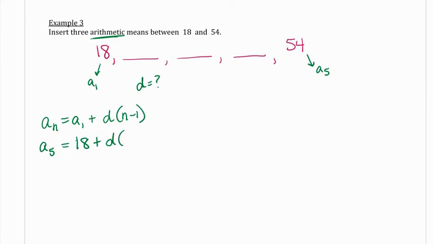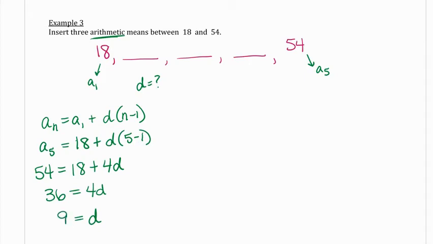And if I'm doing the 5th term, I'm going to do 5 minus 1. My 5th term is 54. And then 5 minus 1 is 4, so we get 4d. So then 54 minus 18, I'm going to move the 18 over, would give us 36 equals 4d. Divide by 4, we get d equals 9.